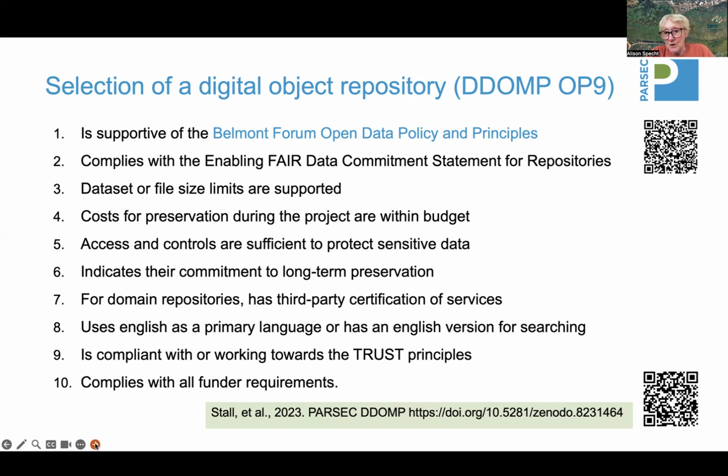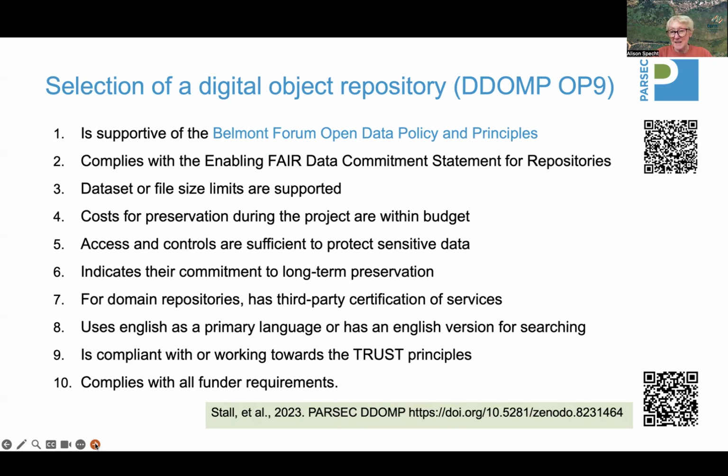I've put a QR code for Belmont Forum Open Data Policies and Principles. But this is what you want. This is why we wanted you to think about your file size, your data set size, because not all repositories will support it. You want them to be a FAIR repository.